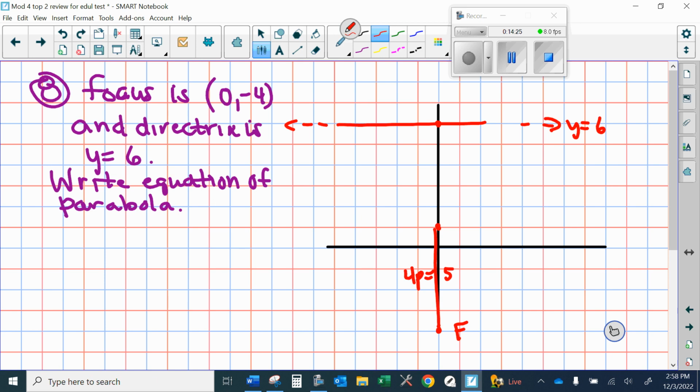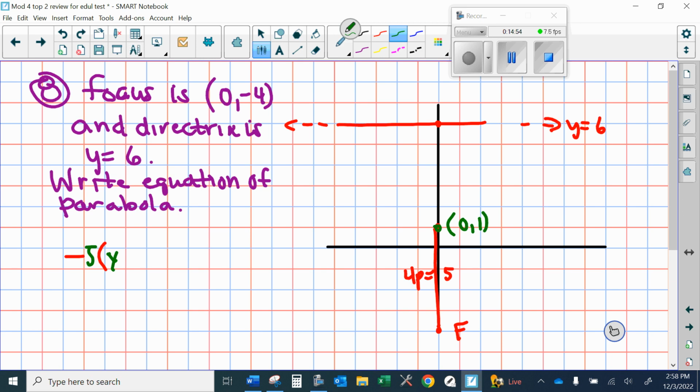Okay, so it's opening down. So again, I have a negative then, negative 4p. The 4p is 5, and then I have to identify the vertex, 0, 1.